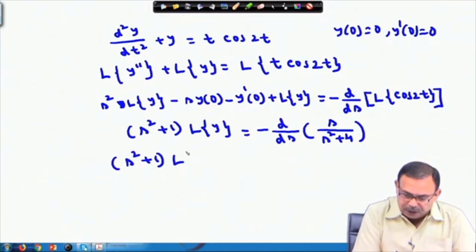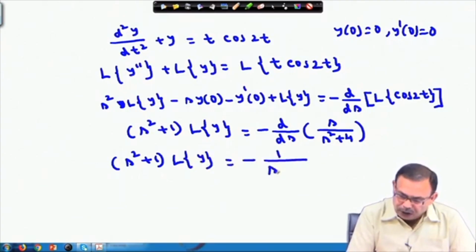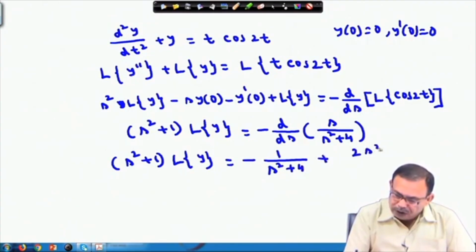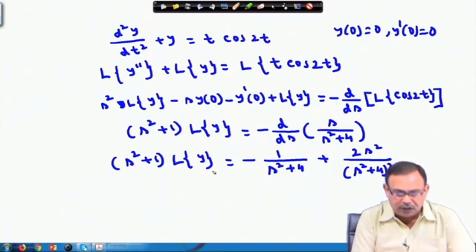So, let me see Laplace transform of y. This equals minus 1 by s square plus 4 plus 2 s square by s square plus 4 whole square. I will obtain this. So, now Laplace transform of y, you can write it very easily.